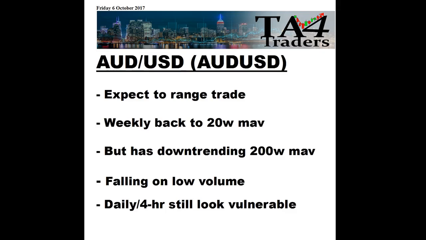We're falling on low volume, which isn't a bearish sign. If it had been high volume, it would have been very concerning, but it's on low volume. Be aware of that. Close to being oversold as well, but those 4 hours and the daily still do look vulnerable.